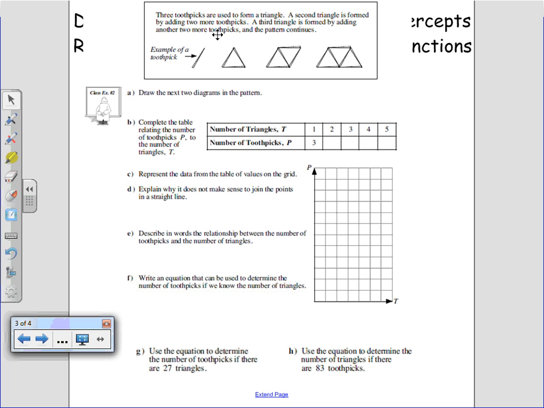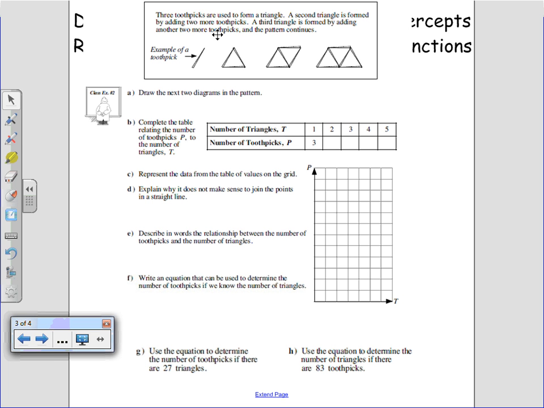So, part C says, on the graph, represent that table of values that we just made. What it's telling you is to plot the coordinates. So, the bottom, your x value, is your t.